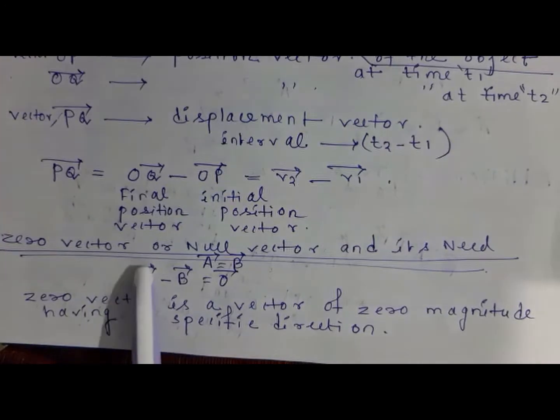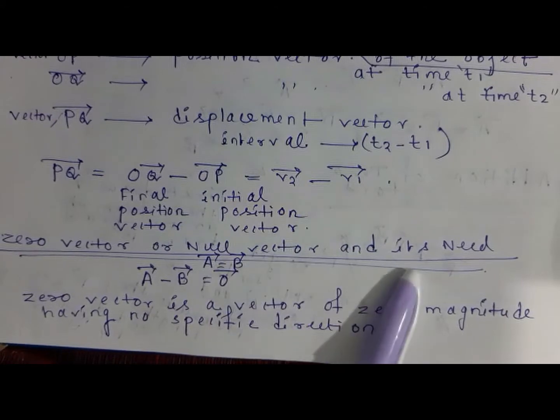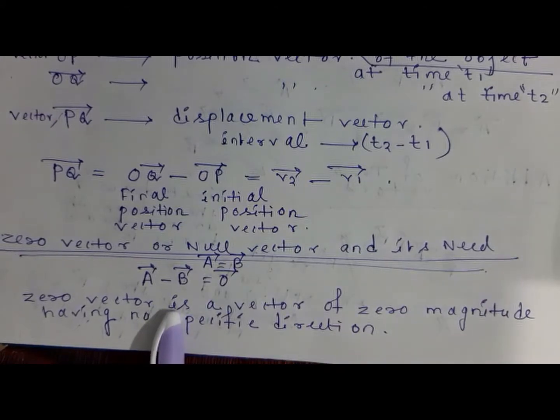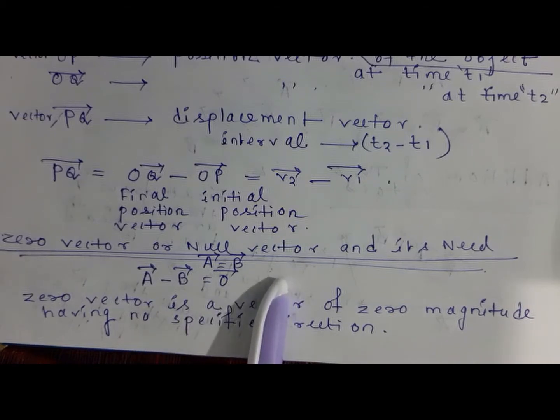Now see, zero vector or null vector and its need. Basically, we know that the number 0 is very important for real number operations. Similarly, your zero vector is also useful for vector operations.